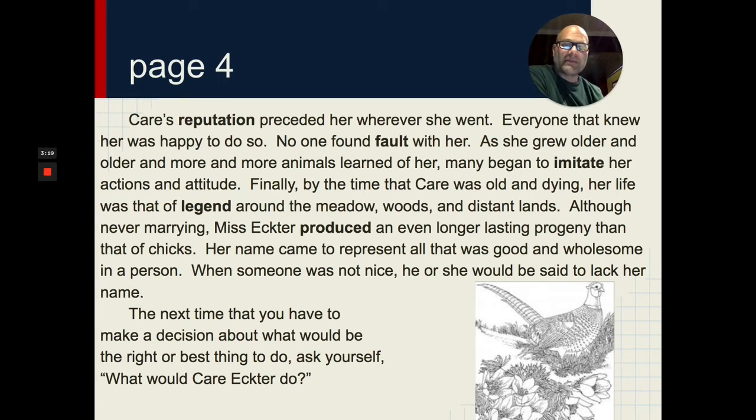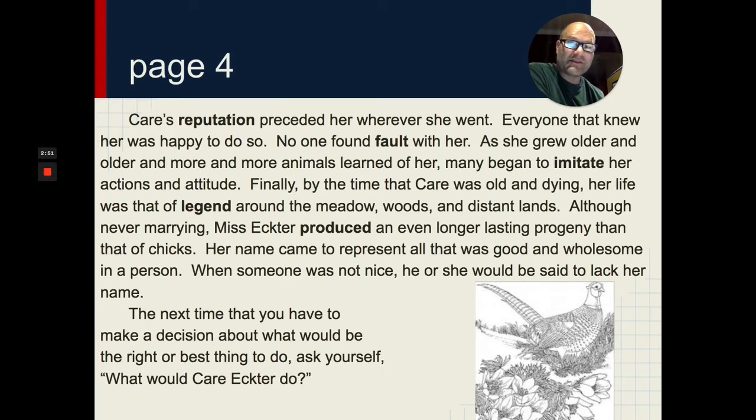Her name came to represent all that was good and wholesome in a person. When someone was not nice, he or she would be said to lack her name. And what was her name? The next time that you have to make a decision about what would be the right or best thing to do, ask yourself, what would Care Ector do?